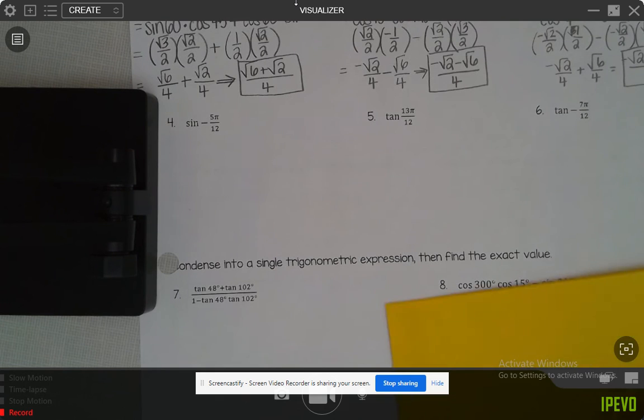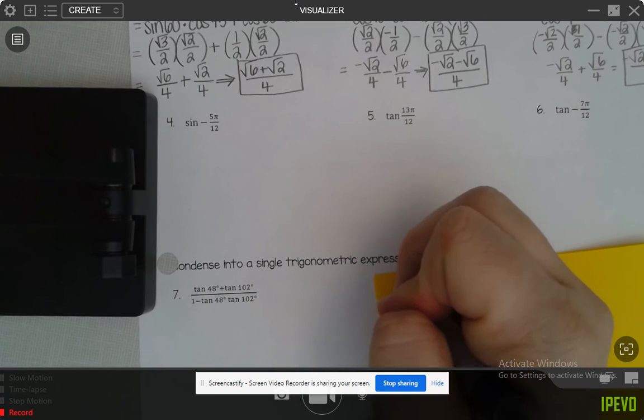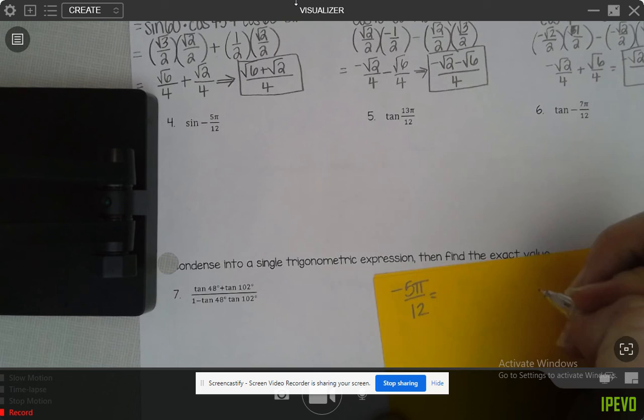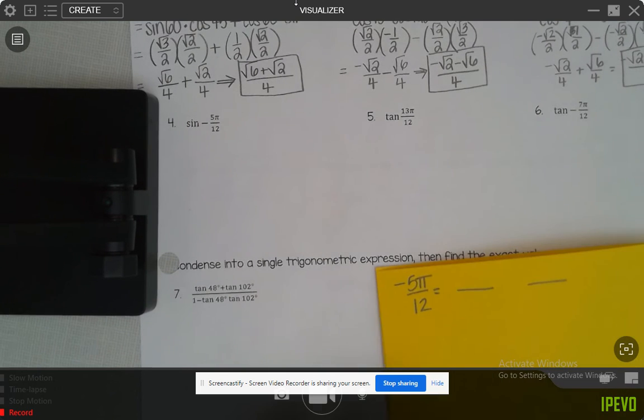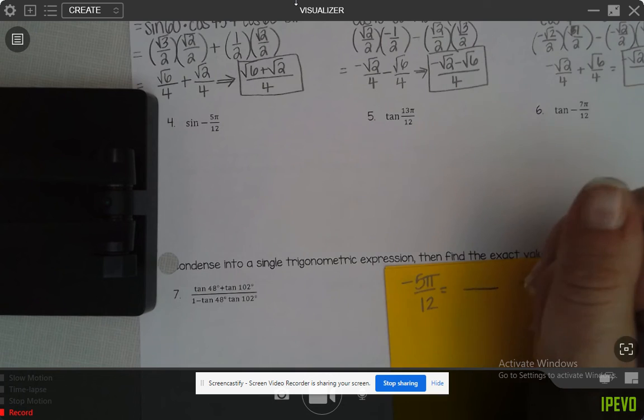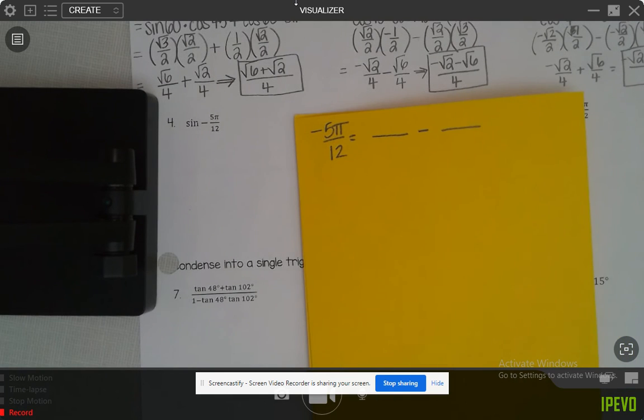What do you think? Where are we going to start? We need negative 5 pi over 12, right? So I'm probably going to use what and what? Pi over 4 and pi over 3. But am I going to be able to add these two? I mean, you can, but you're going to be adding a negative, which is the same as subtracting. So if I subtract, I need a negative, so my bigger number should go on the right, correct?